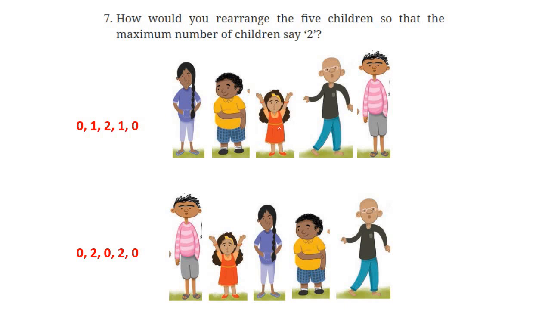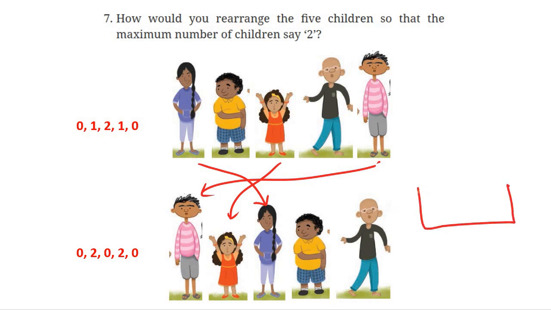I am putting this fellow over here, this fellow goes over here, this girl over here, and this girl over here, so that there are two people. So this means I have to do the arrangement like this. Only then I will get 0, 2, again 0, 2, 0. See the height sequence, 0, 2, only 2 taller, again 0, again 2 taller, and 0. See, so it is possible.